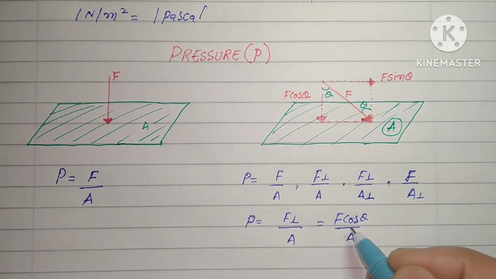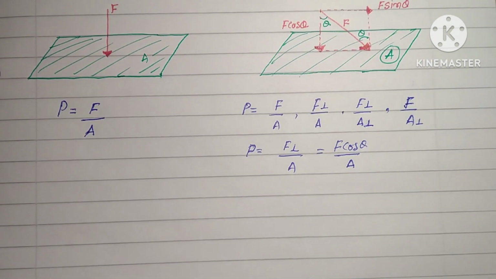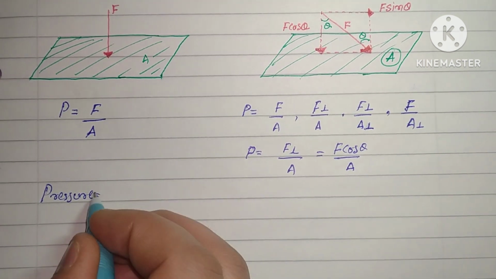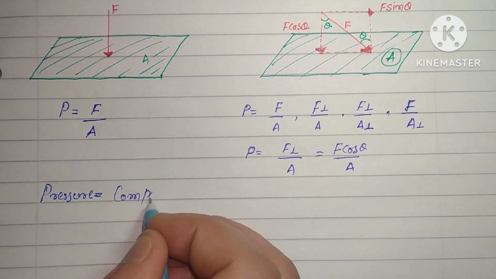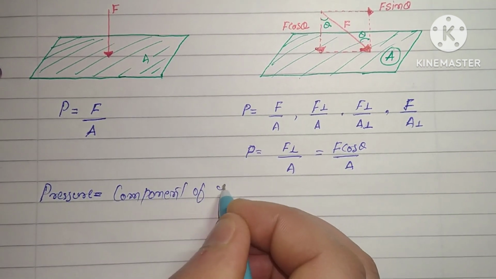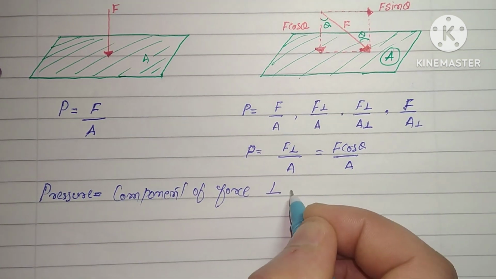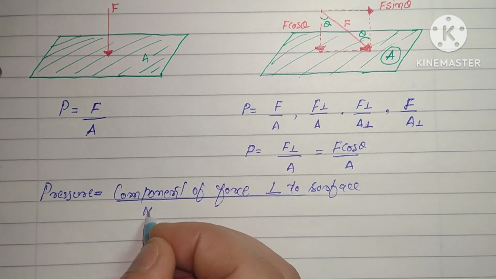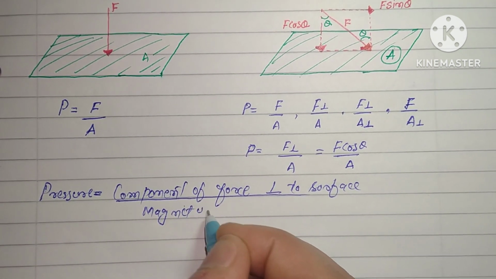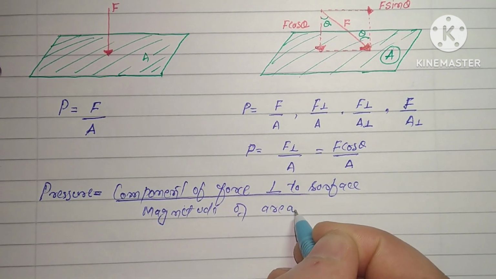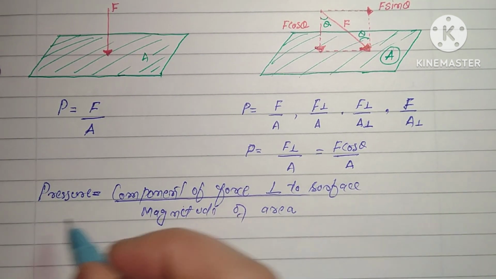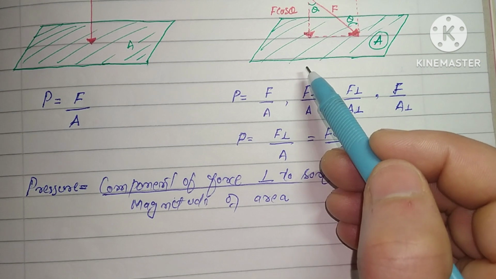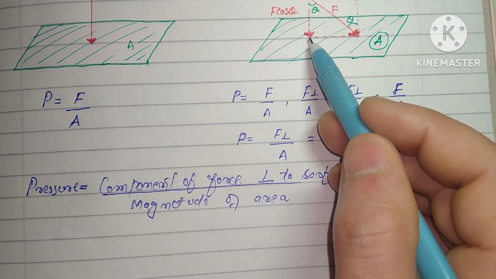So pressure is the component of force perpendicular to the surface upon the magnitude of area. That is the correct definition of pressure. Therefore pressure is always perpendicular to the surface.